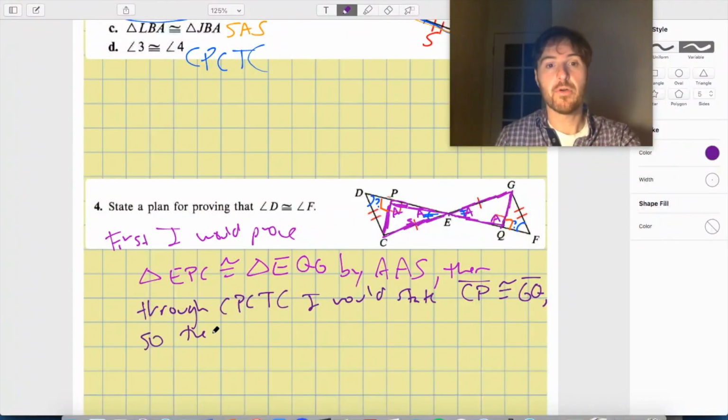And then I would say, this is like one long sentence. I probably should have some periods here. First, I would prove this by AAS. Period. Then through CPCTC, I would state that.